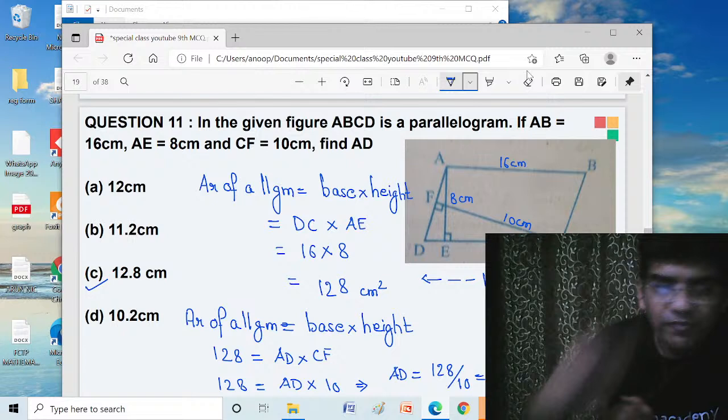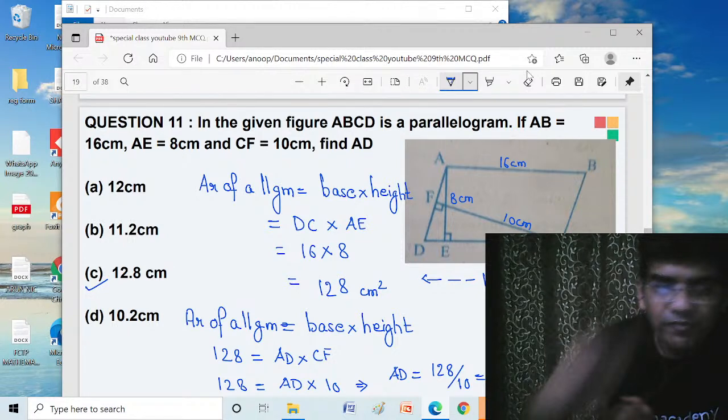See, we have two pairs of parallel sides. If the perpendicular is on the first pair, you can consider these two as the first pair. Then the side is known as the base and this perpendicular is known as the height.